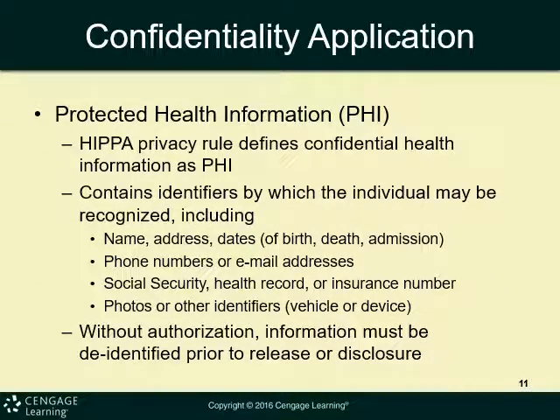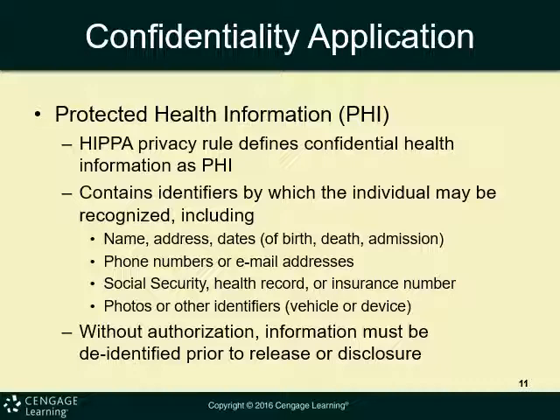The HIPAA privacy rule defines confidential health information as protected health information, or PHI. The health information that's considered protected under HIPAA contains identifiers by which an individual can be recognized.